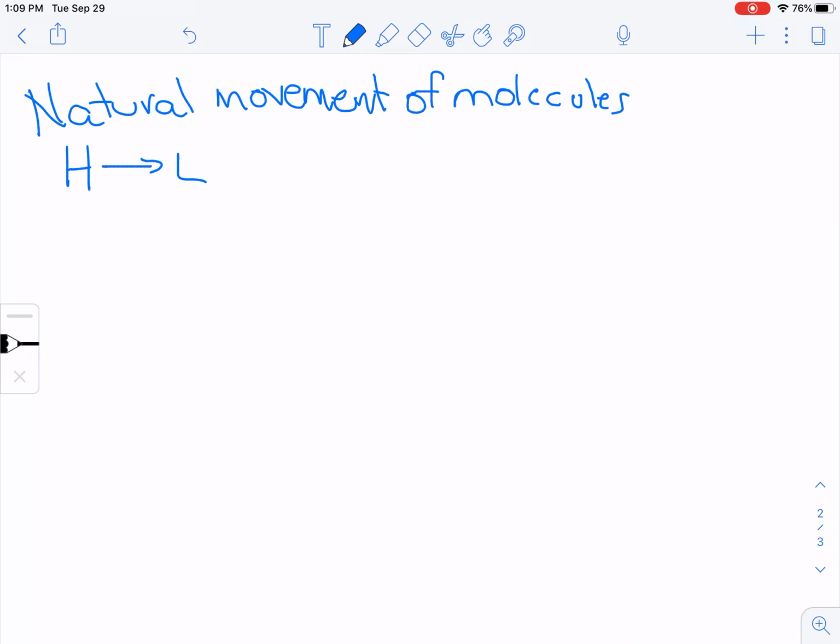We refer to this type of movement as diffusion.